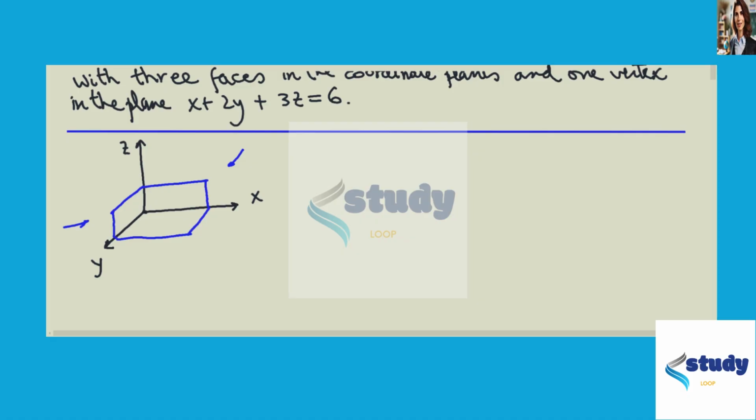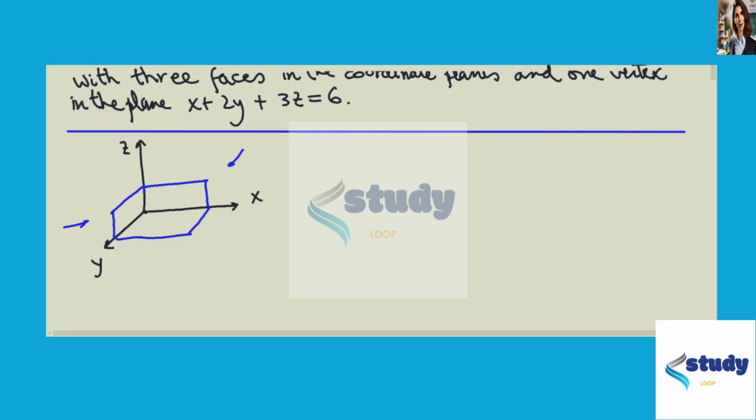So this rectangle here is lying entirely on the xy plane. This other rectangle is lying on the xz plane, and this other rectangle is lying completely in the plane yz.